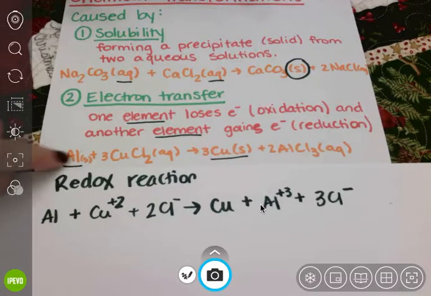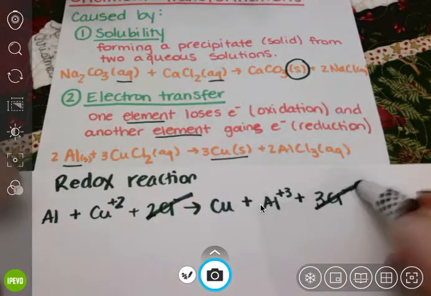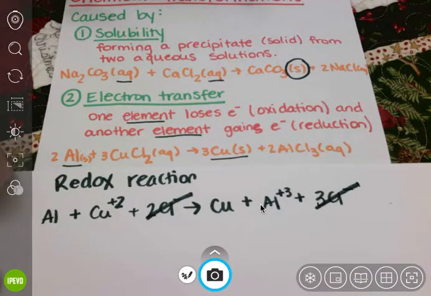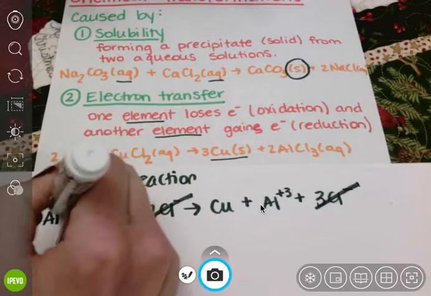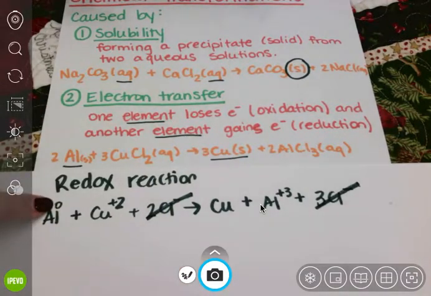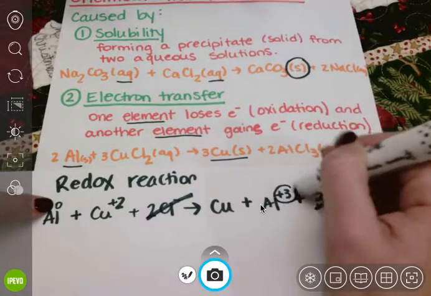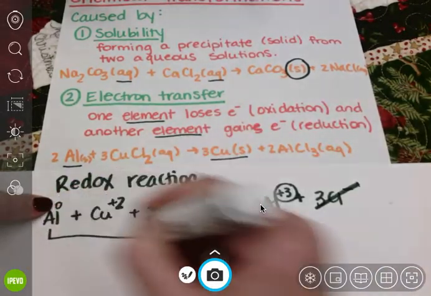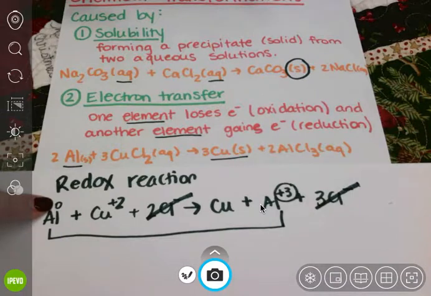Now, I didn't really balance this equation, right? But we can see that the chloride doesn't change its oxidation number from one side to the other. What we can see is that the aluminum was solid, meaning that it has an oxidation of 0 and goes to a +3 charge. A 0 to a +3 is more positive, which means, just like cation ions, right?